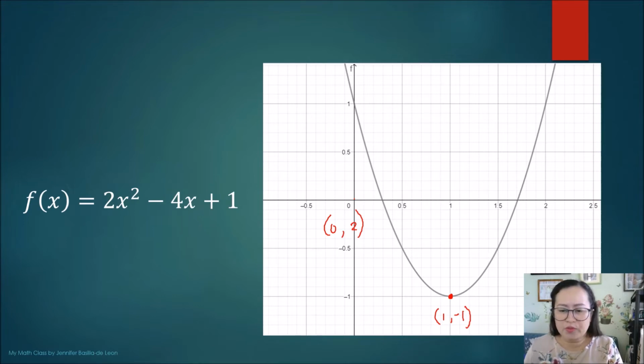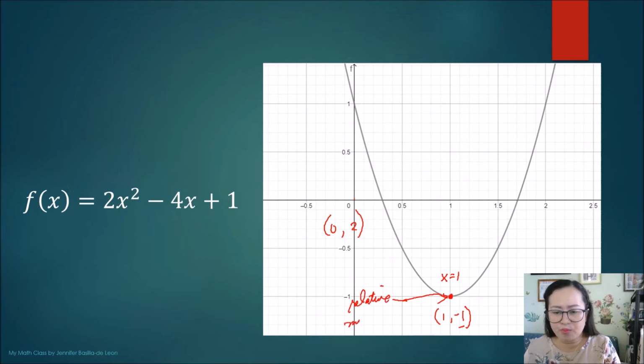So we can conclude that at x equals 1, we can find the relative minimum value of the function, which is negative 1. We can consider this point as the relative minimum point of the graph.